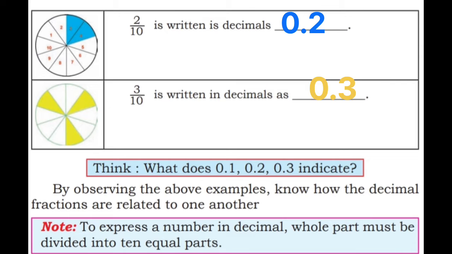Think. What does 0.1, 0.2 and 0.3 indicate? By observing the above examples, know how the decimal fractions are related to one another. Note, to express a number in decimal, the whole part must be divided into 10 equal parts.